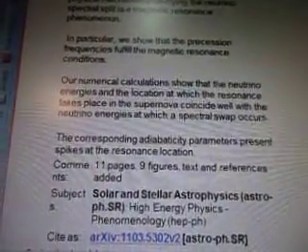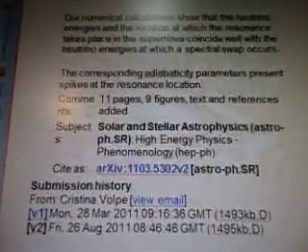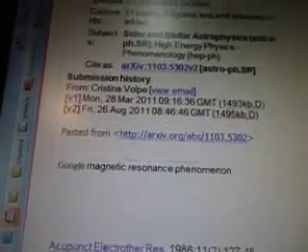Our numerical calculations show that the neutrino energies and the location at which the resonance takes place in the supernova coincide well with the neutrino energies at which a spectral swap occurs. The corresponding adiabaticity parameters present spikes at the resonance location. And that's solar and stellar astrophysics, high energy physics, phenomenology, submission history, March 2011.